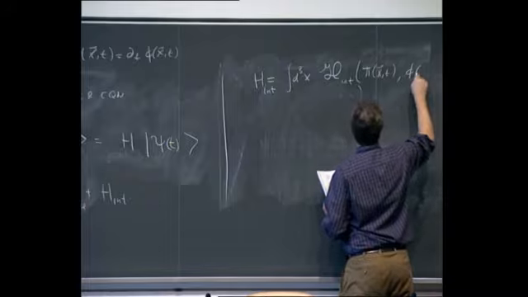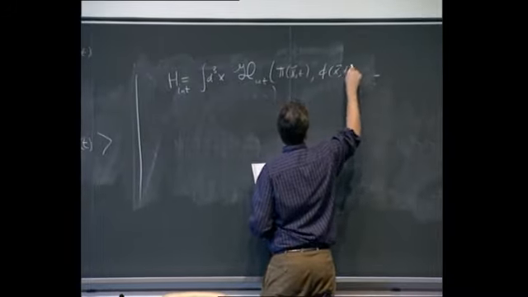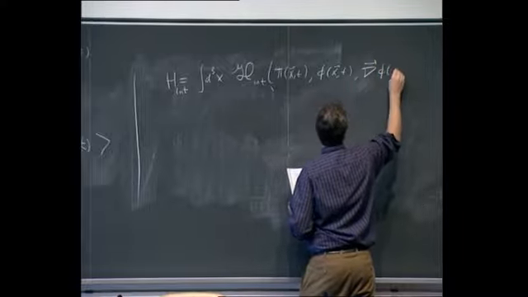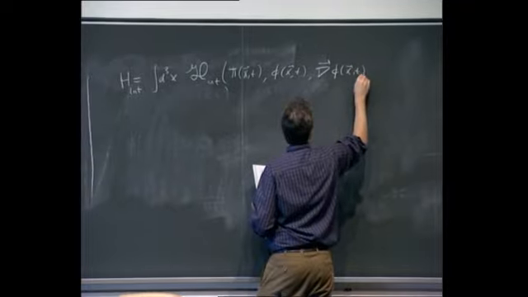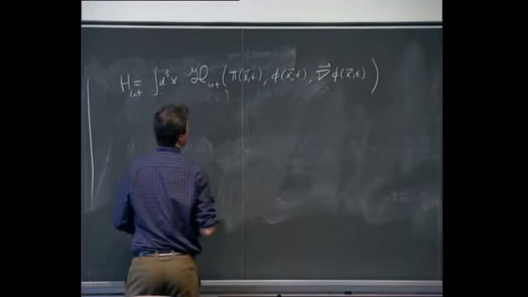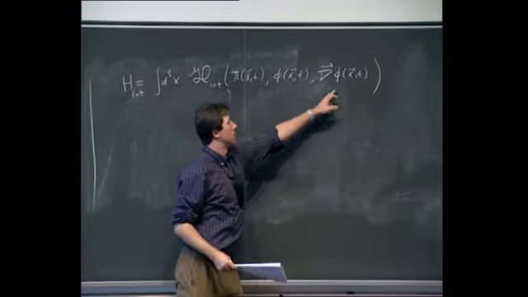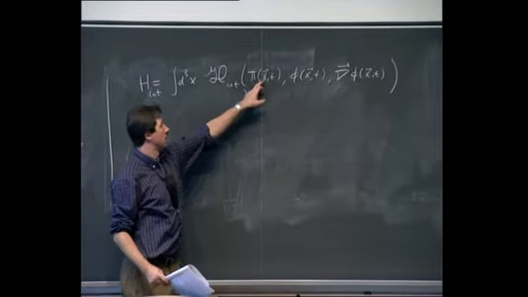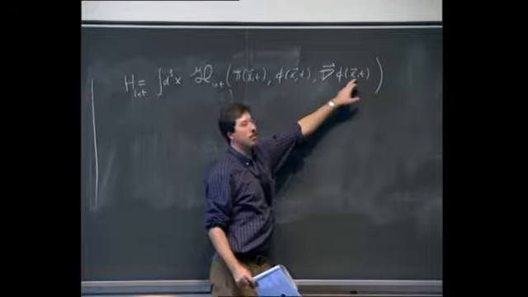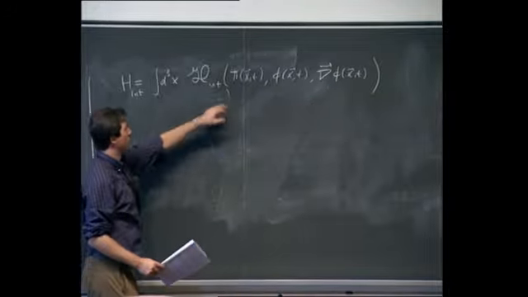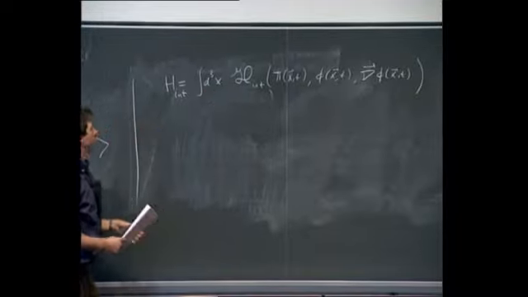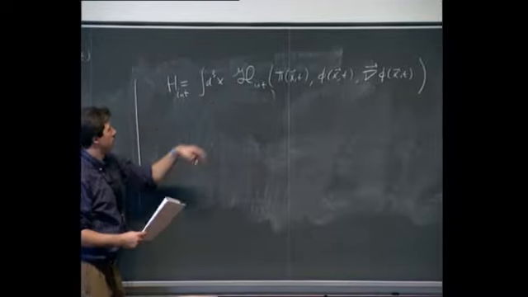It involves the field phi of x and t, and possibly also derivatives. So it's some expression in these fields which is local in the sense that these fields are all at the same point in space. So they are all at point x, and then we integrate over three-dimensional space.